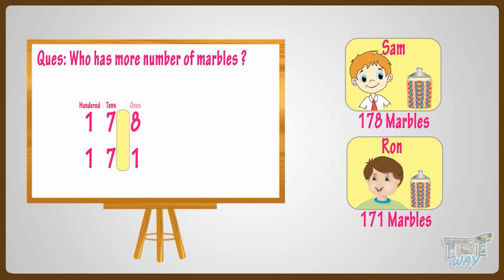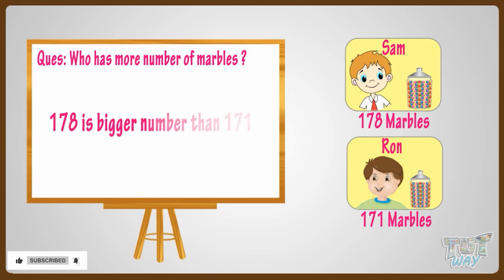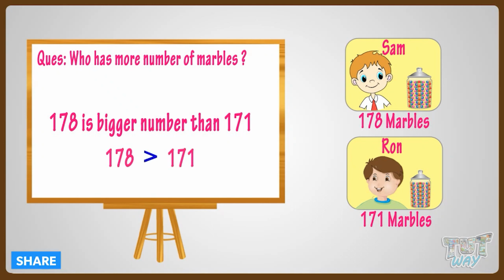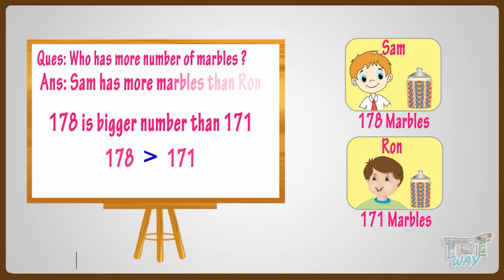That is ones place. Here, 8 is bigger than 1. So, we got the bigger number first in 178. Hence, 178 is bigger than 171. So Sam has more marbles than Ron.